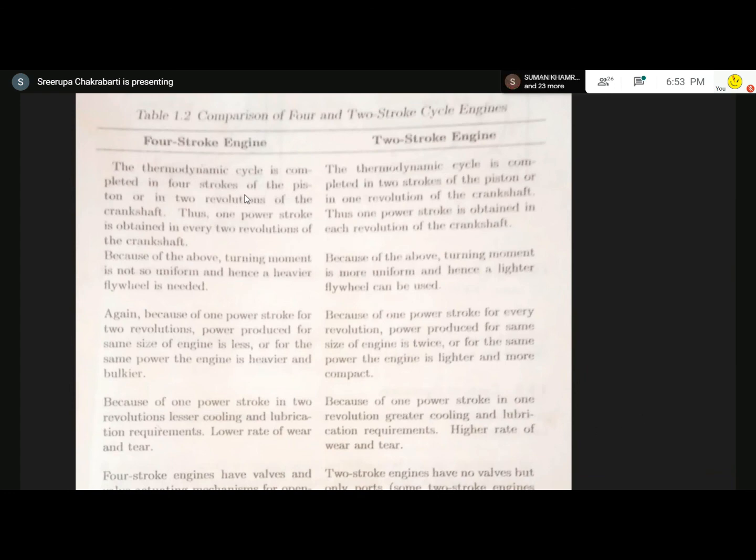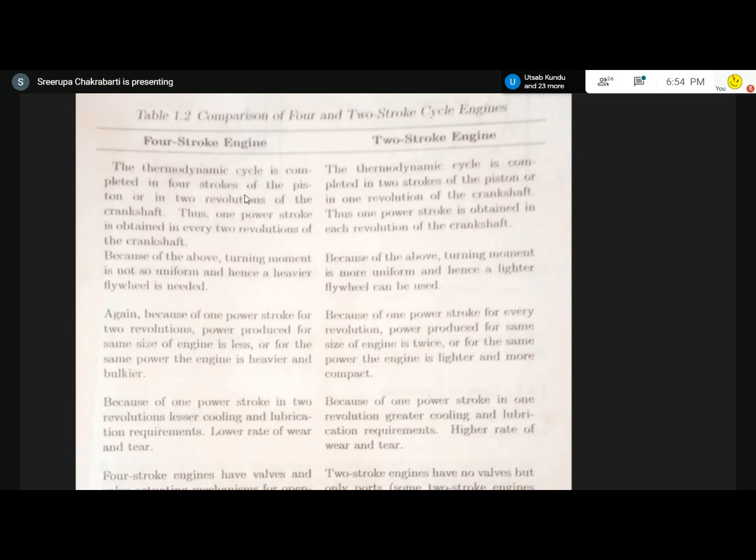But the reason is that for a two-stroke engine, since 720 degrees means 360 plus 360, the variation of torque in a particular 360 degrees and the variation of torque in the second 360 degrees will make the average variation of torque much less. Do you appreciate this point? If you have a 720 degree cycle and there is a variation of torque, there is a maximum torque and a minimum torque.